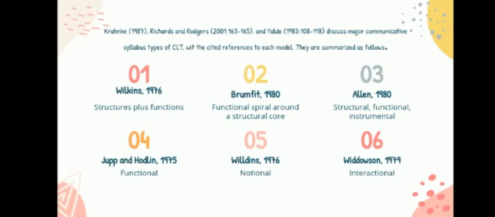Yalden, Richards and Rodgers, and others discuss major communicative syllabus types of CLT. With the stage reference to each model, they are summarized as follows. Number 1. Wilkins in 1976, structures plus function. Number 2. Brumfit in 1980, functional spiral around a structural core. Number 3.